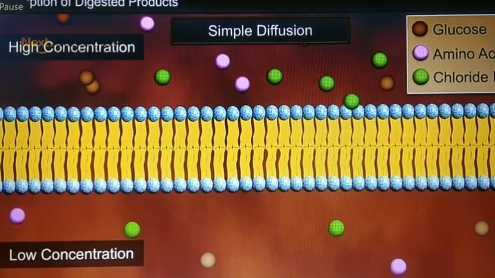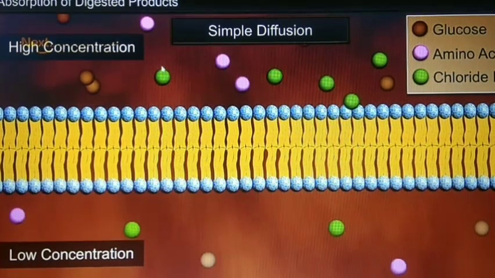Here you can see the simple diffusion, where the simplest forms of nutrients like glucose, amino acids and electrolytes like chloride ions are diffusing from the intestinal lumen into the intestinal wall simply according to a concentration gradient. That is, inside the lumen the higher concentration of these nutrients may be there, and inside the intestinal wall it may be less.